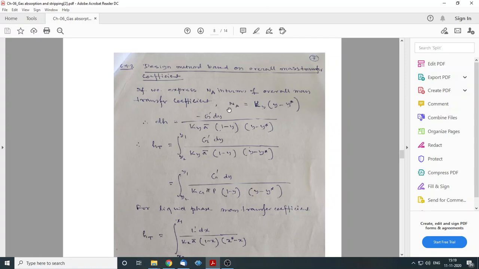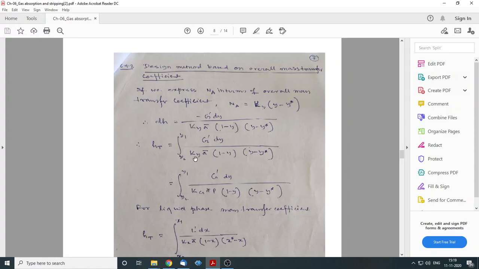The only change will be capital Ky into y minus y star, the overall mass transfer coefficient. At that time I wrote Na equals small ky times y minus yi, but here it will be capital Ky, with y minus y star instead of y minus yi, and then the height will be this.